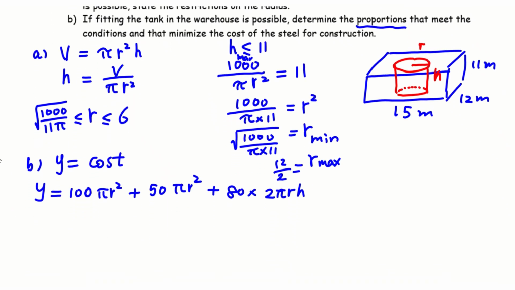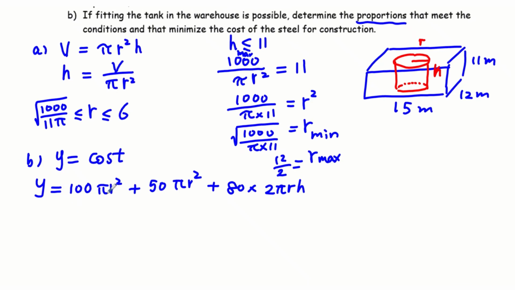And in this equation, the right side, we have two variables. We don't want to see two variables, so we want to replace the h with r. So we have 100 pi r squared plus 50 pi r squared plus 160 pi r.